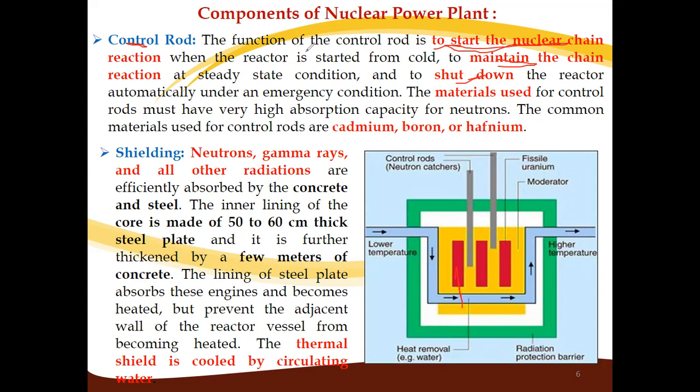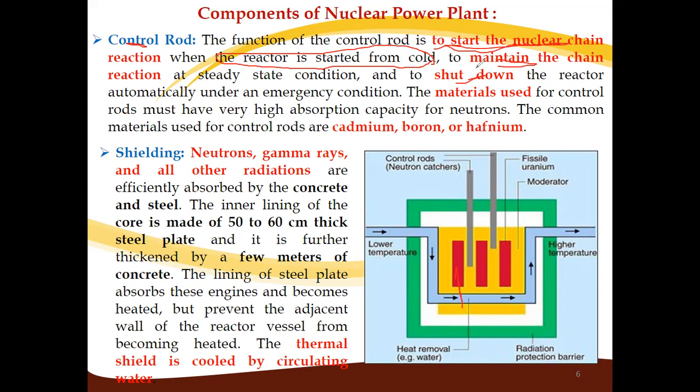Now the function of control rod is to start the nuclear reaction. When we start the power plant, or we can say a reactor, from cold, we have to start this nuclear chain reaction.